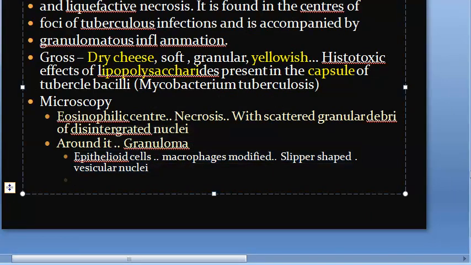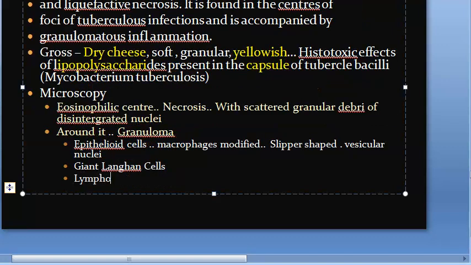Not sure what exactly is slipper shaped, they didn't write the textbook properly. Then you have giant cell of Langhans, giant Langhans cell. Okay. Then you have lymphocytes.